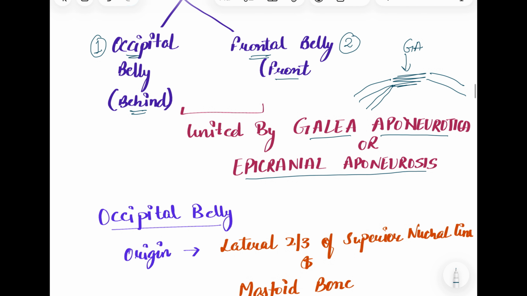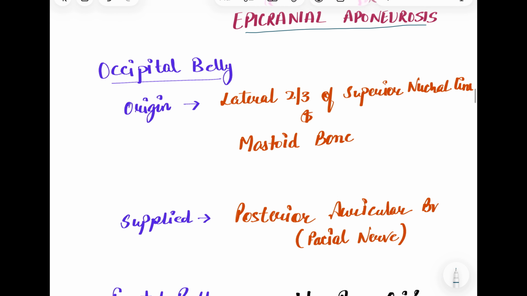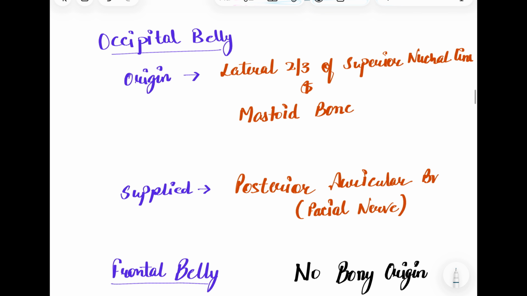Talking of the occipital belly first, we will be talking about where this muscle is taking origin, and we know where it is reaching. It is reaching up to the Galea Aponeurotica, and it is supplied by which nerve? For the origin, as we know, it is arising from behind, so it is taking origin from your lateral 2/3 of your superior nuchal line. If I draw, this is my external occipital protuberance, this is my superior nuchal line. So this is the lateral 2/3 from where it is taking origin, right?